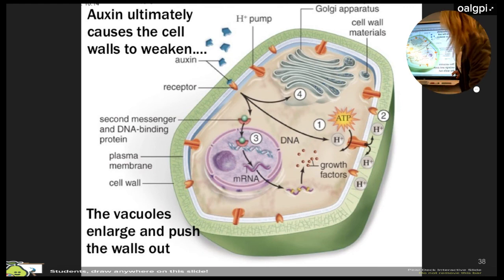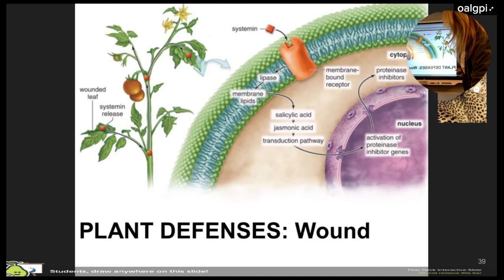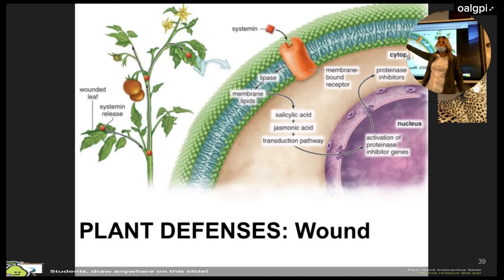Then we also looked at if you have a wound, we can see some signal transduction here. You might release a chemical to call in a predator to help you defend that area. You might make a barrier like a fire break amongst your tissues so that a virus can't go through another living cell, saving the rest of the plant.